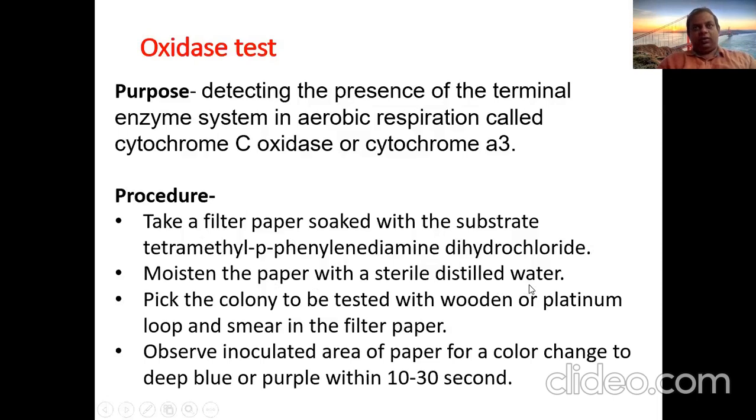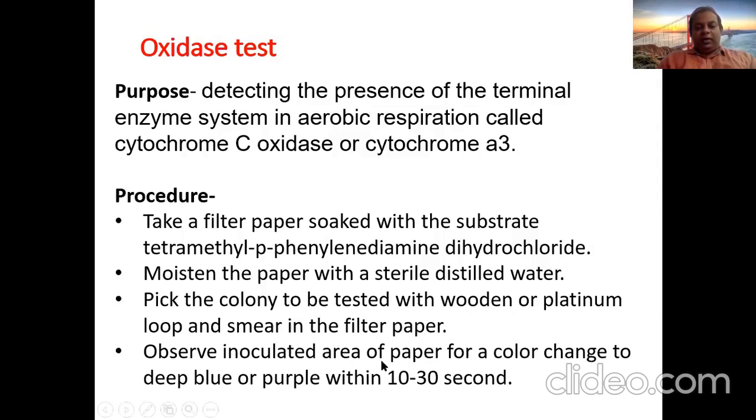Pick the colony to be tested with a wooden or platinum loop and smear it on the filter paper. If we take an iron rod, it has a tendency to oxidize, so it gives false positive results. To eliminate that error, we use a wooden or platinum loop.